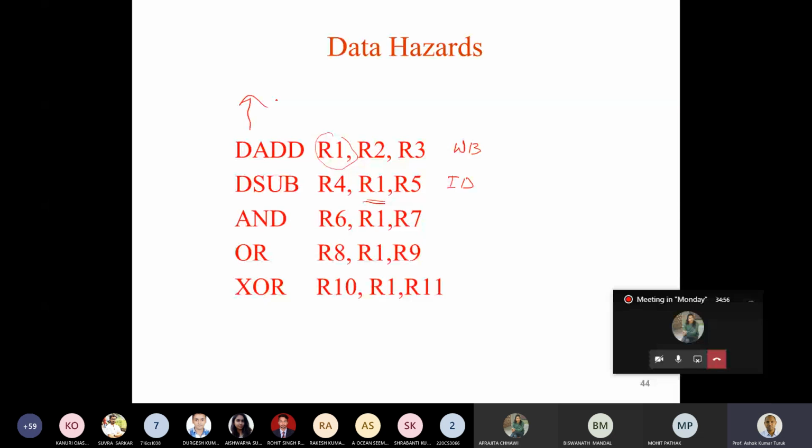There may be some instruction before the add instruction which might have computed the value of R1, and the subtract instruction is going to read that R1 value. But the subtract instruction is supposed to read the value of R1 produced by the add instruction.